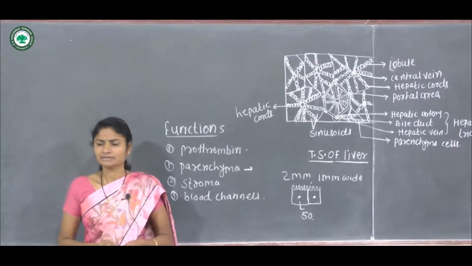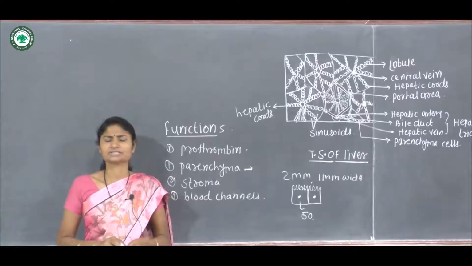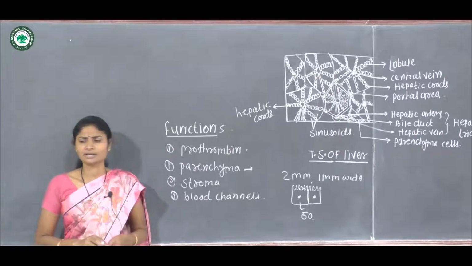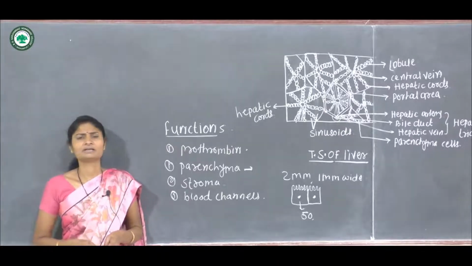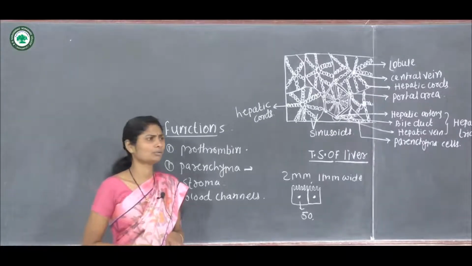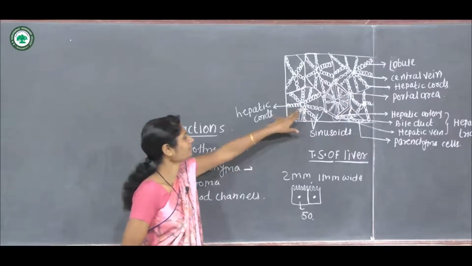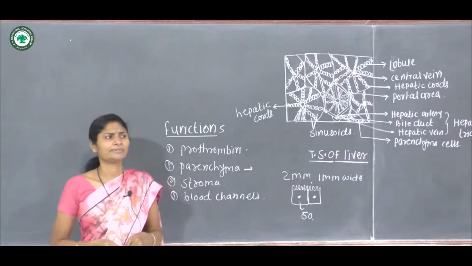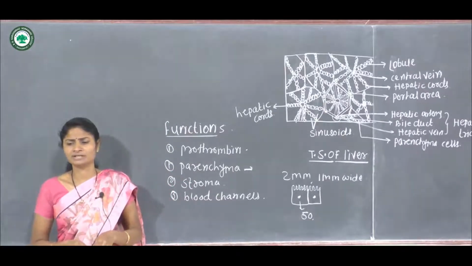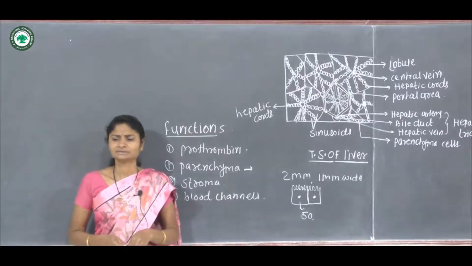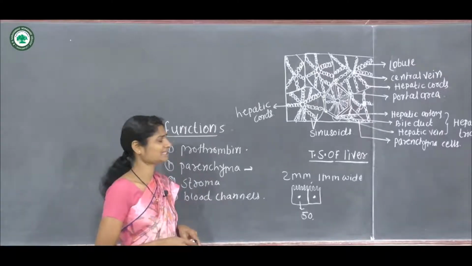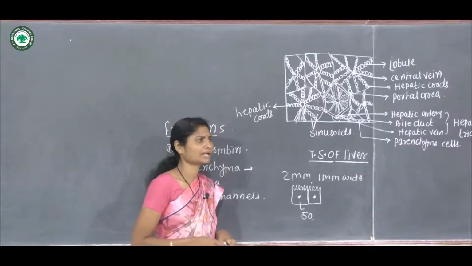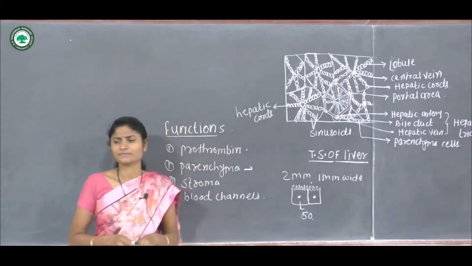These plates are arranged in a radiating manner towards the periphery around the central vein of the lobule. In between these hepatic cells, fine bile canaliculi are present.